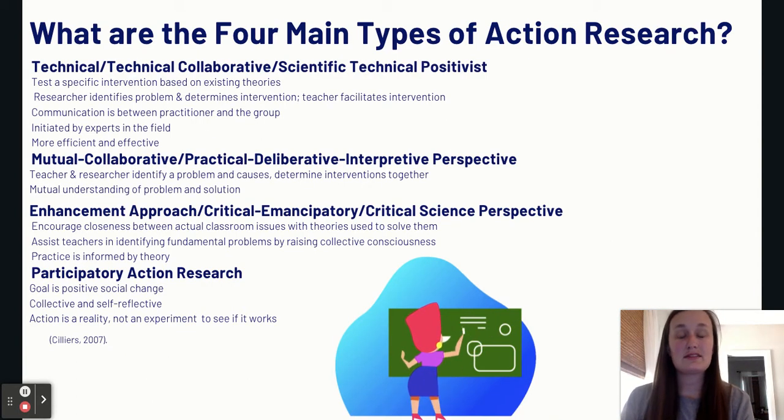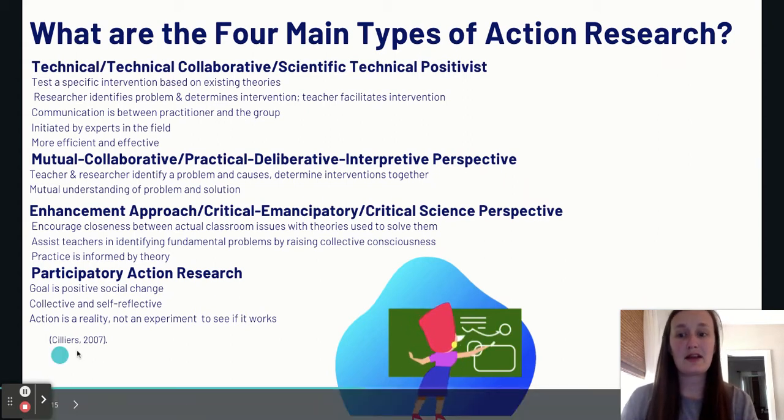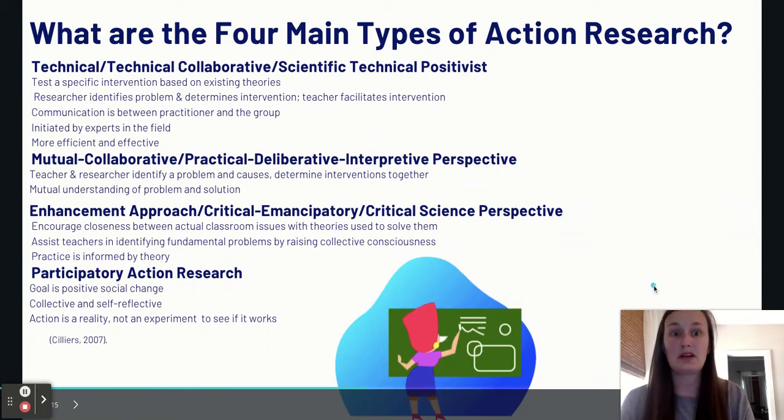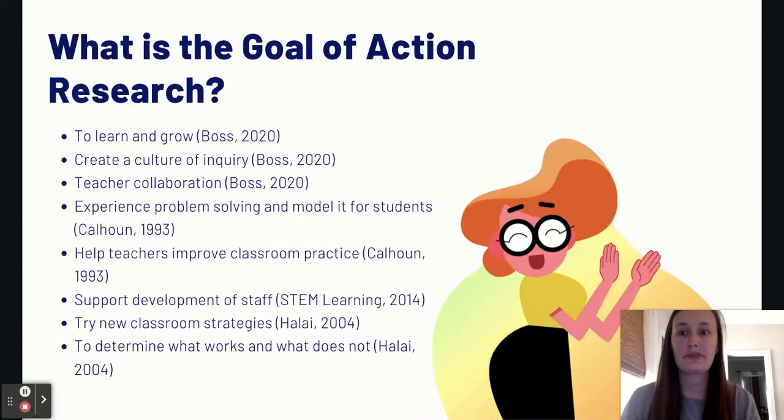And while it is a group effort to decide how you're going to do it, it's very much reliant on your own personal self-reflection. Like, what can I do in particular to make this happen? And action is a reality. It's not an experiment to see if it works. You just do it. It is what it is.